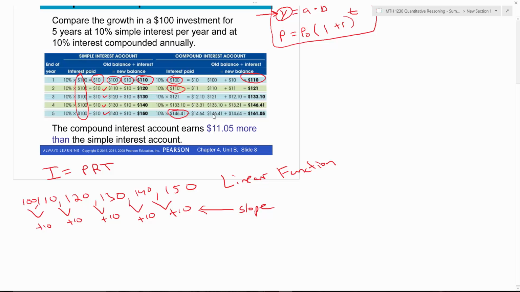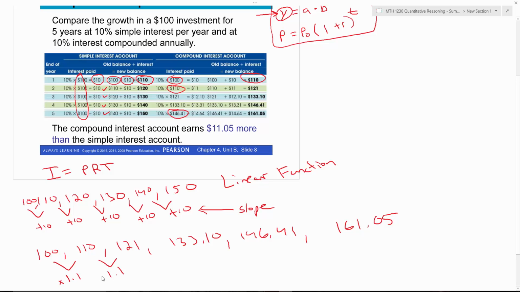So what's happening is if you notice, if I have a sequence 100, 110, and then 121, 133.10, and then 146.41, and then 161.05, what you'll notice is I'm multiplying by 1.1 each time.